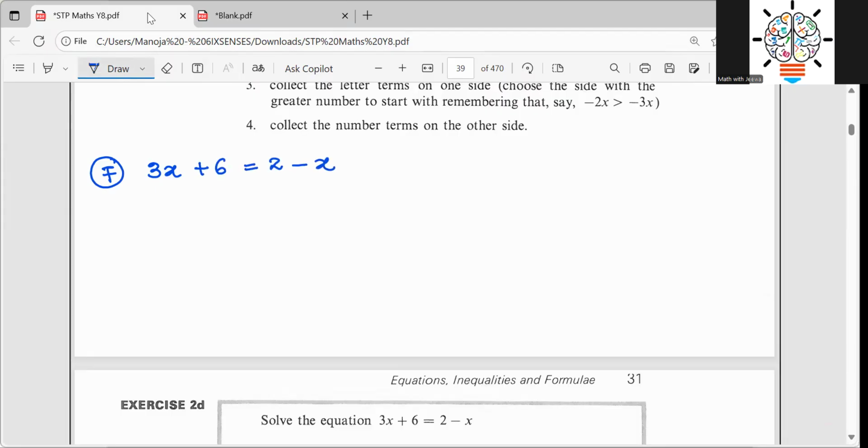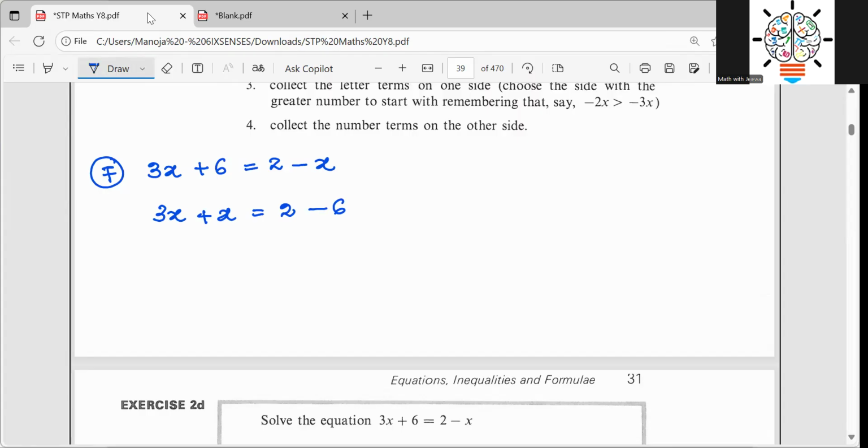Now here, what is the difference, children? You have the x letters on both sides, the left side and the right side. So then what happened? 3x, you bring this negative x to the other side as positive x, and then you keep 2 here, and you bring this positive 6 to the other side, negative 6. Hope it is clear, right?